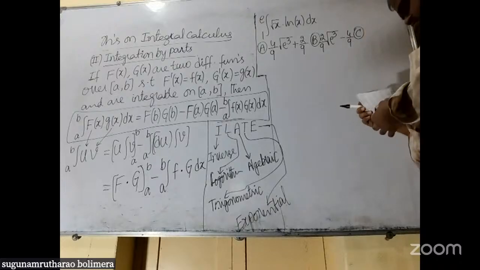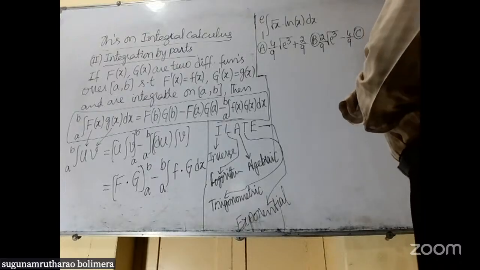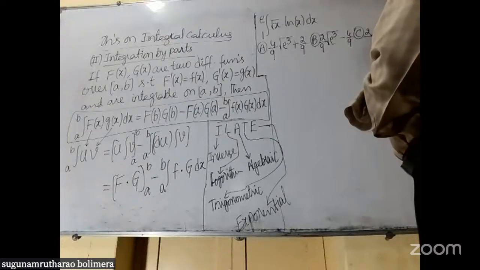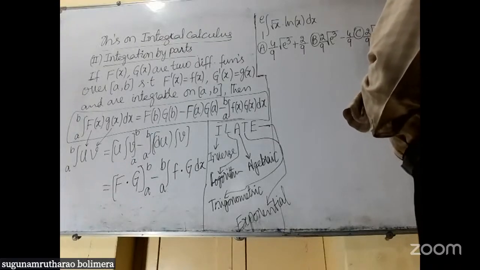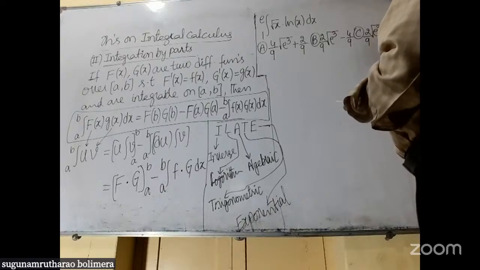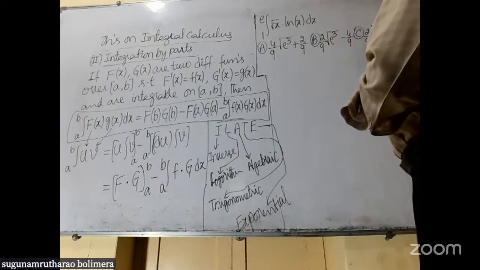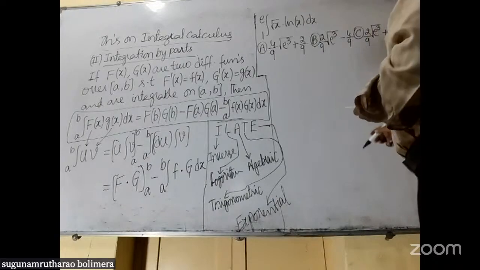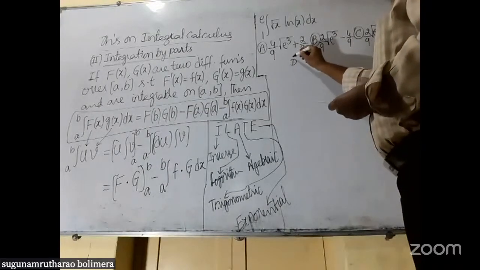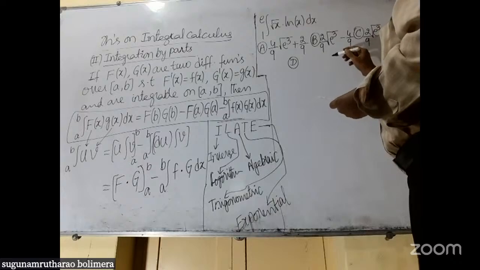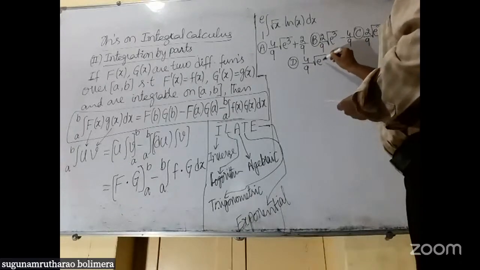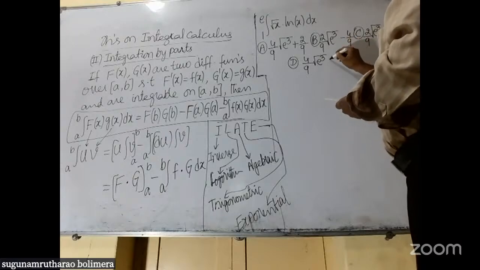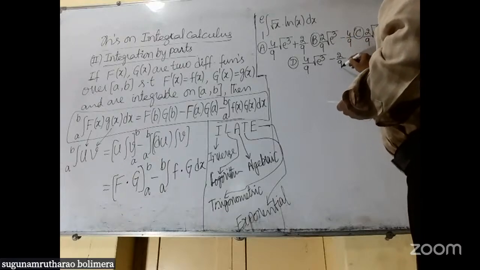Option C: 2 by 9 root e cube plus 4 by 9. Option D: 4 by 9 root e cube minus 2 by 9.